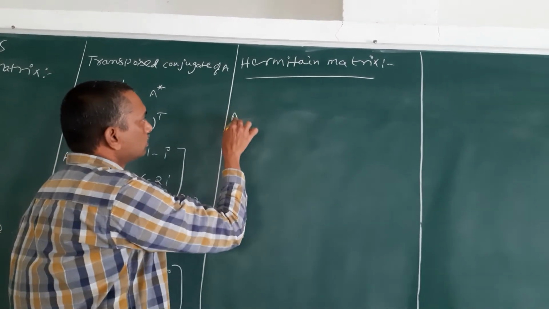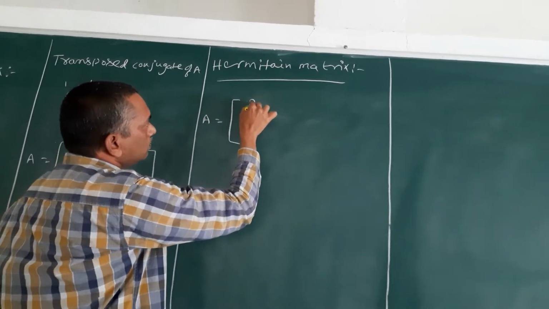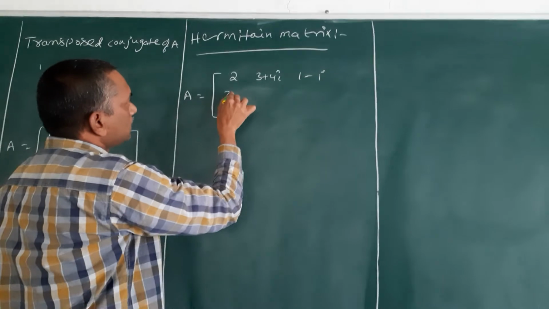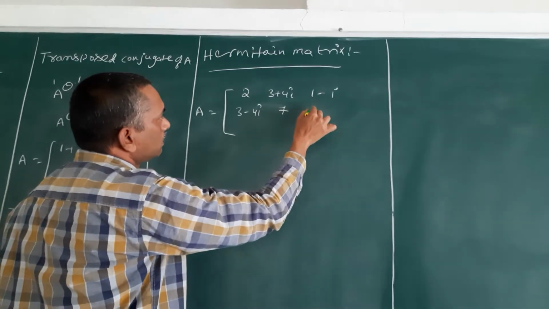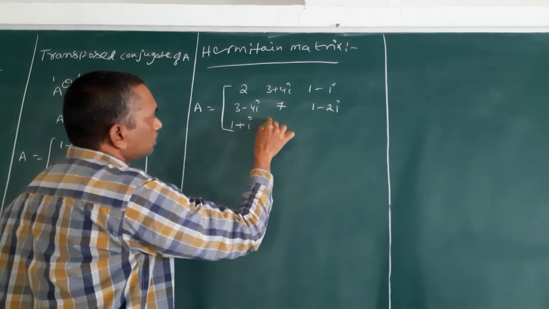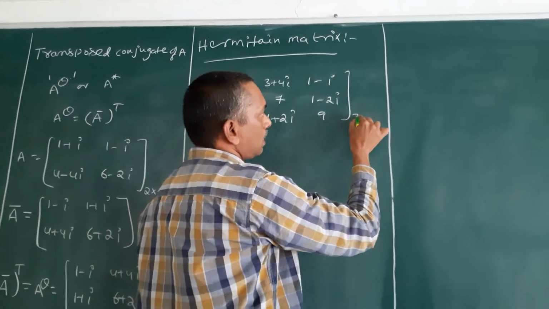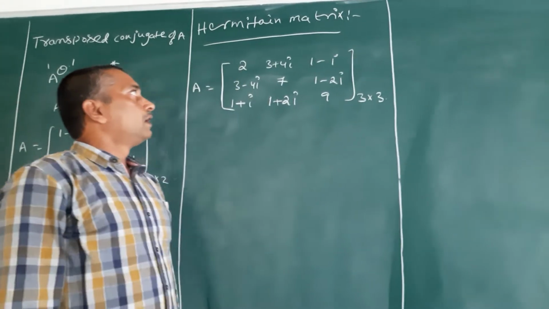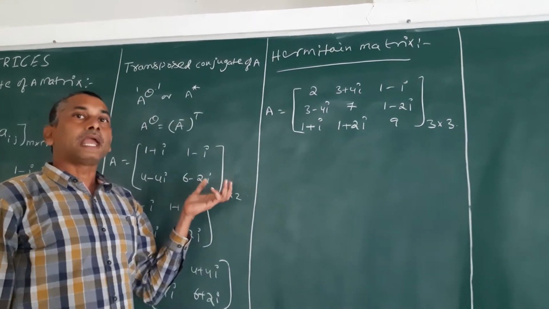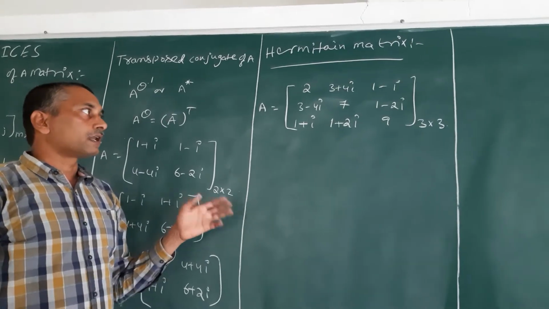For example, A equal to [2, 3+4i, 1-i; 3-4i, 7, 1-2i; 1+i, 1+2i, 9]. This is a given complex matrix, and its order is given.